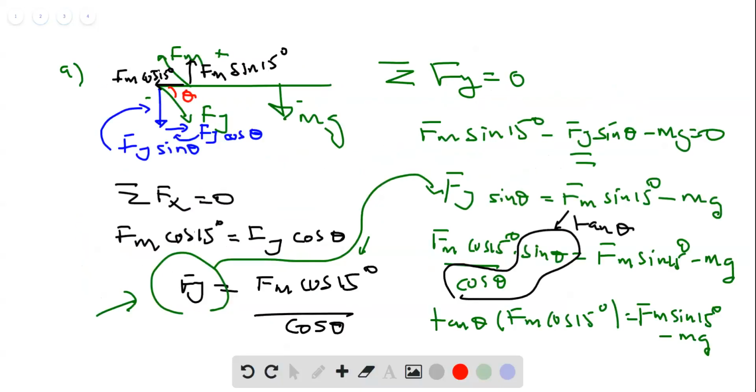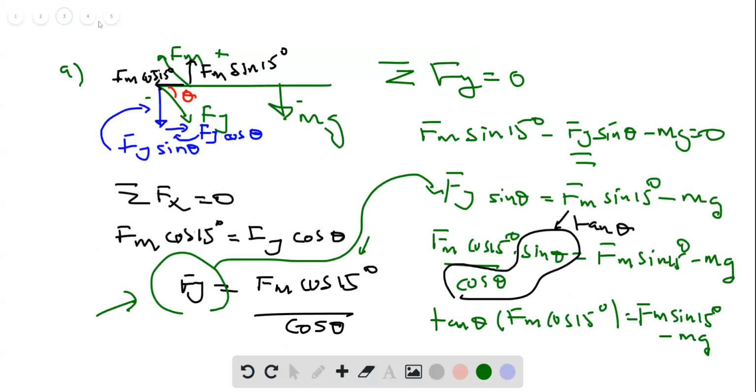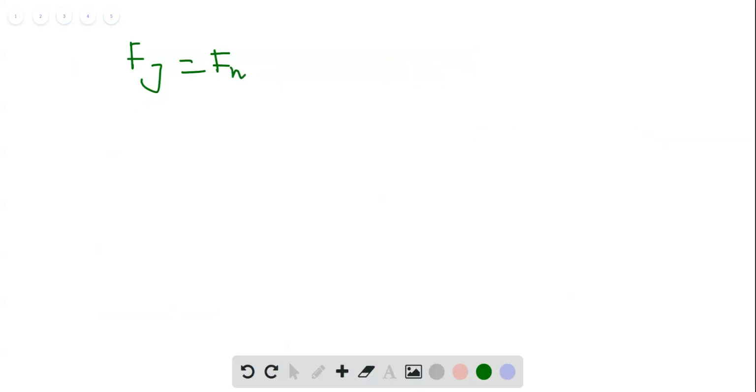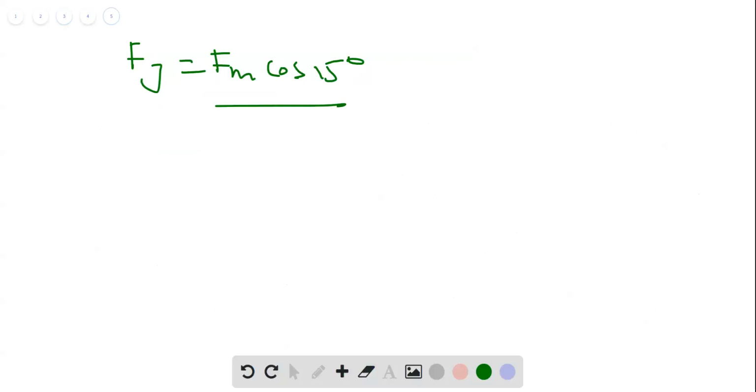That's going to be helpful in helping us solve for Fj. Remember, Fj is Fm cosine of 15 over cosine of theta. So next page we have Fj is Fm cosine of 15 over cosine of theta, but then theta is 7.63 degrees.